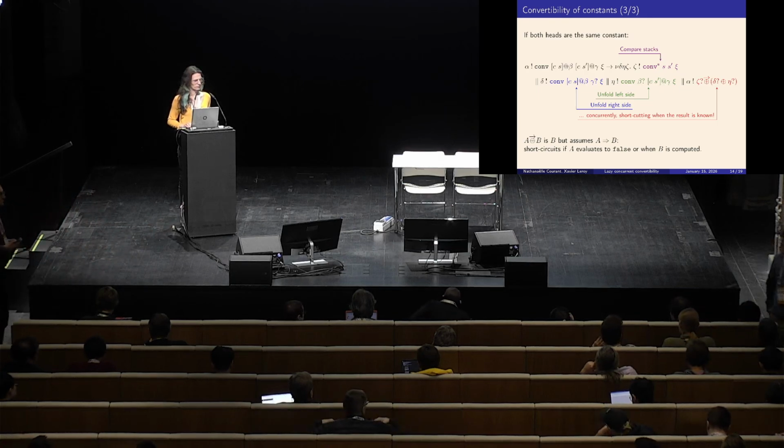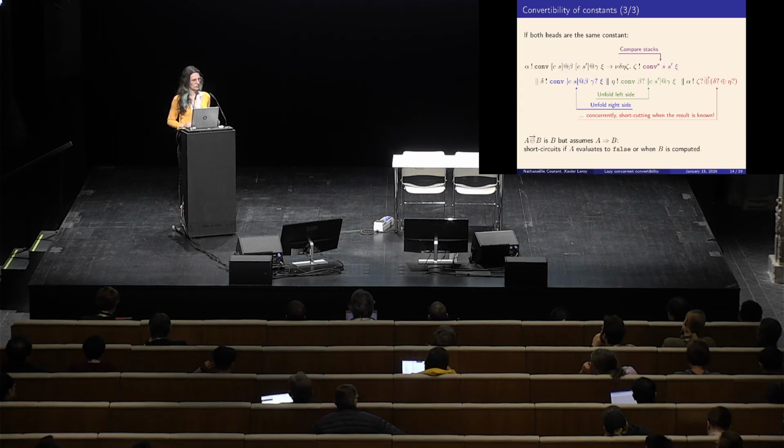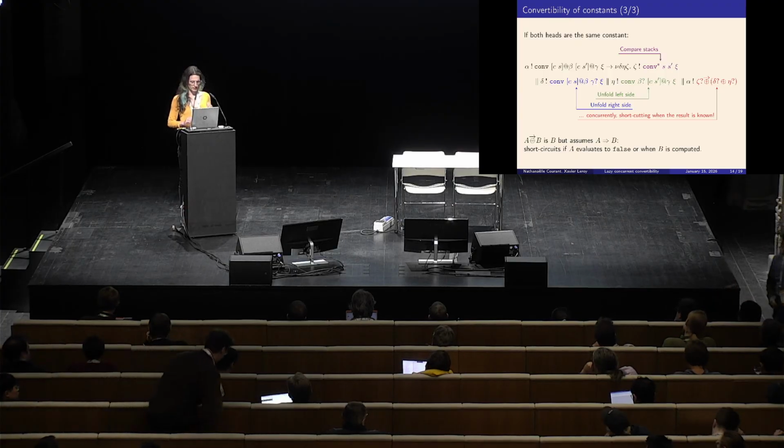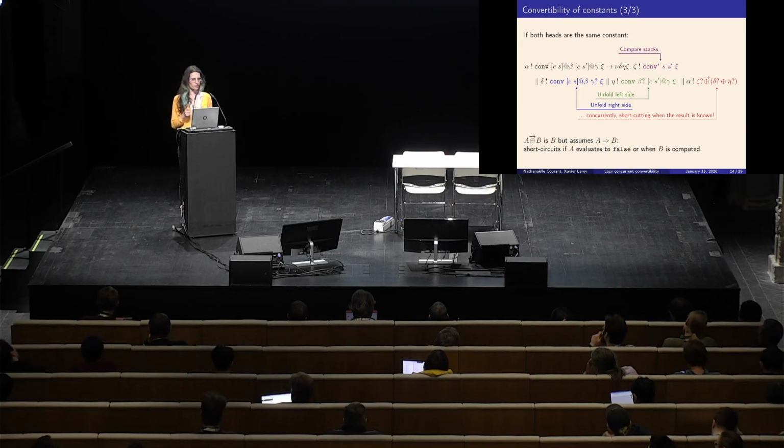Do you retrieve the usual reduction, the usual convertibility test, by the choice of an appropriate scheduler, or is it completely unrelated? So yes, there's a bit of mutable state inside of Coq's convertibility test.